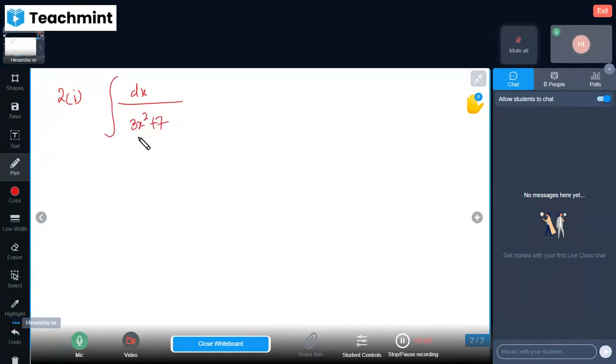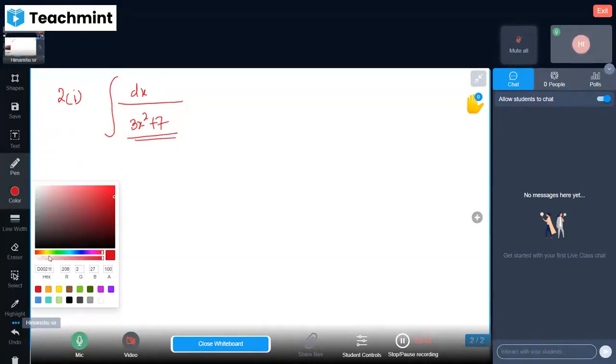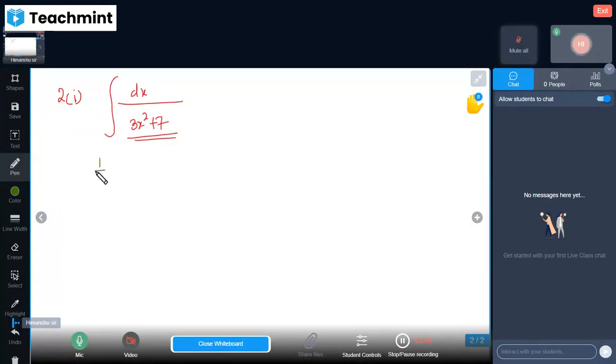As we have seen, this type of form is of tan inverse, so make an arrangement such that the coefficient of x square must be 1, so we have to take 3 common and divide 7 by 3. Okay, so let's begin. 1 upon 3 dx. Now taking 3 common, x square plus 7 upon 3.